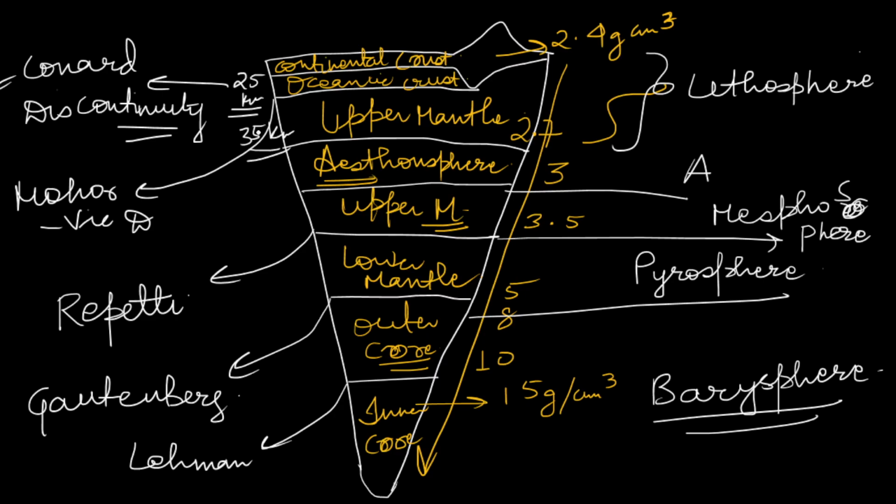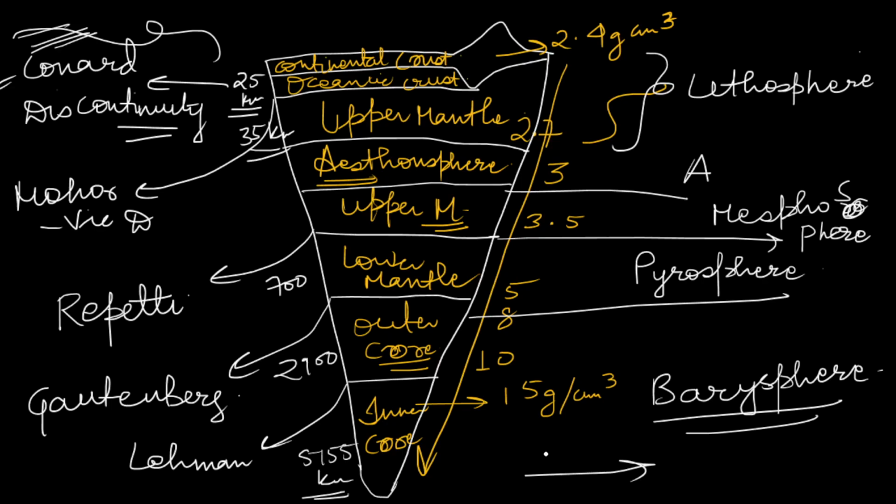So here at 35 kilometer, then you can find Repetti discontinuity at around 700 kilometer down, Gutenberg at 2900 kilometer down, and Lehmann at around 5155 kilometer down. So these are discontinuities which you should remember. You can also remember a code name, that is LGRMC.